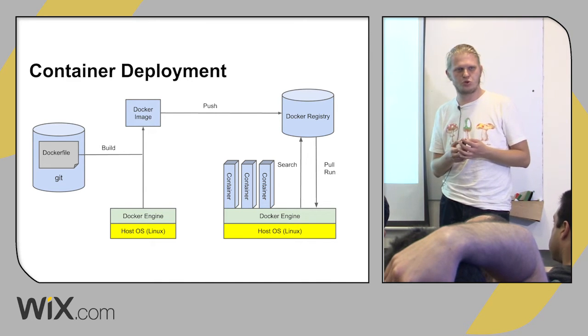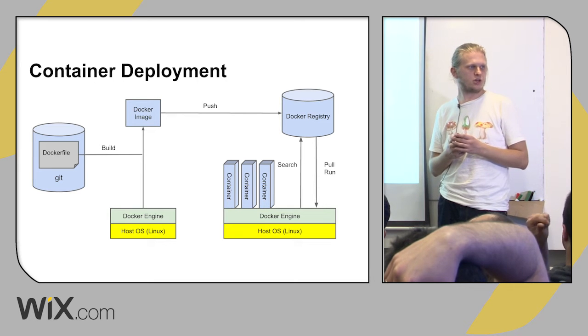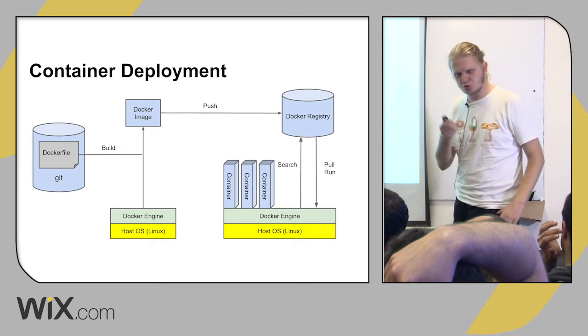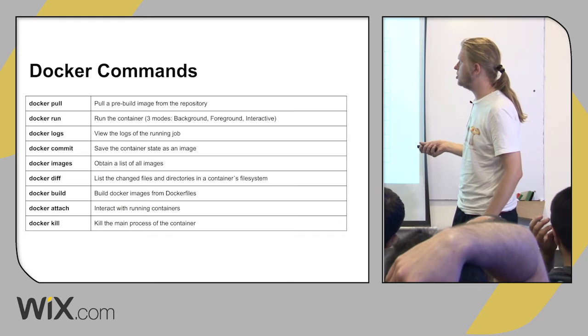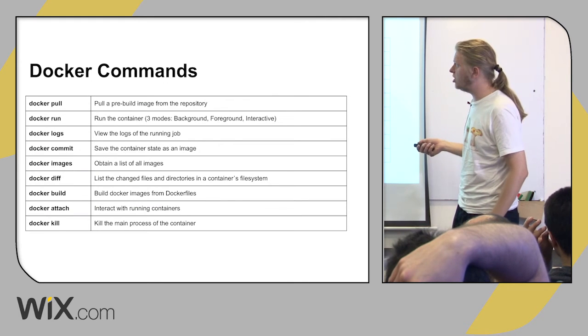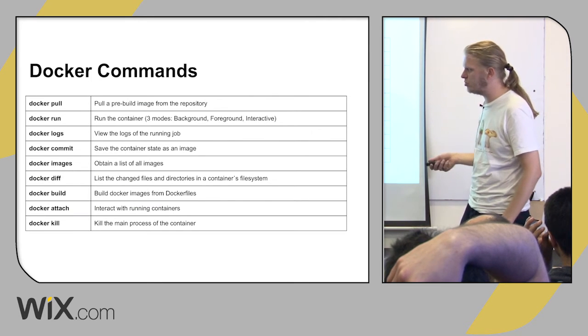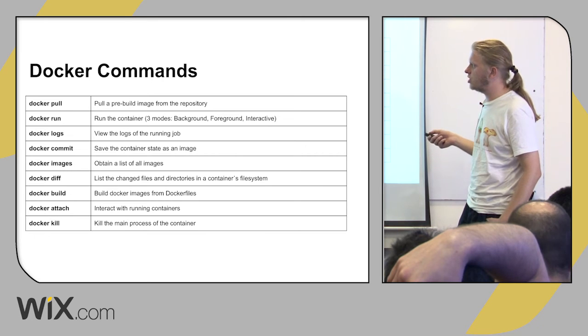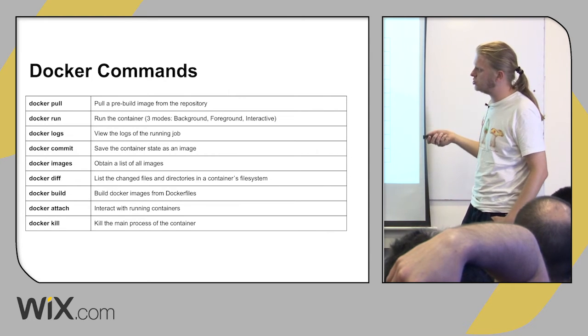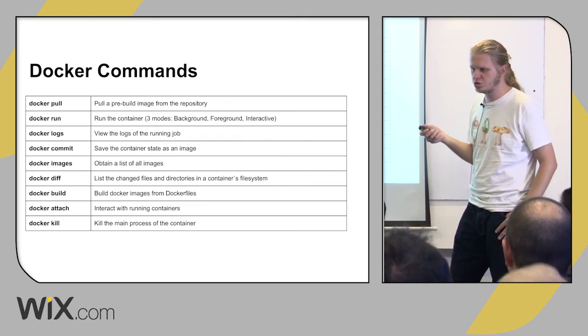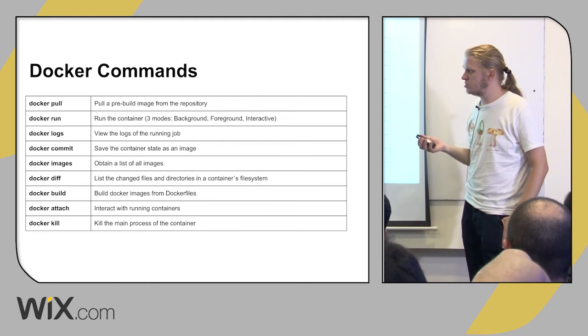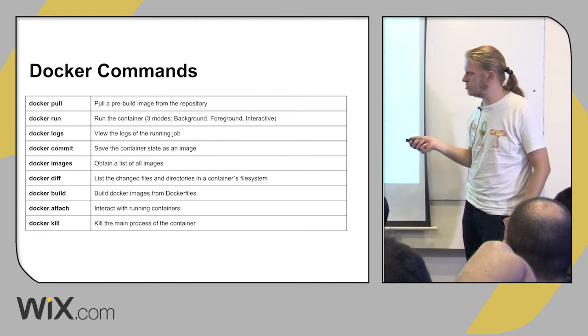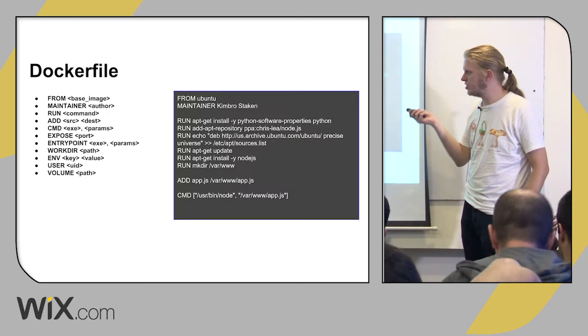None of them, unfortunately, is perfect. But today we're going to talk about Kubernetes mostly. These are just Docker commands, for example for pulling images from repositories, running, getting the logs, whatever.